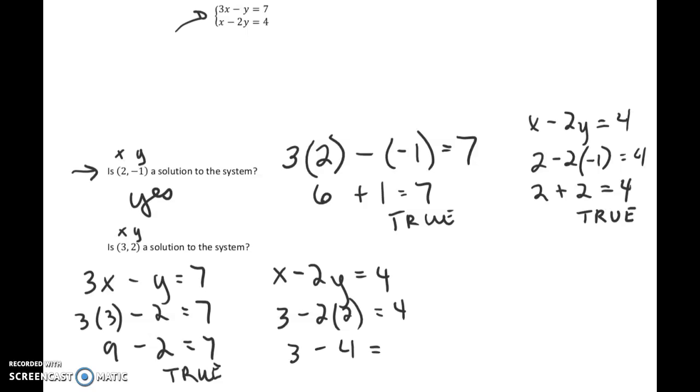Does that equal 4? No, that's false. So the point 3, 2, it worked for the first equation, but it doesn't work for the second equation. Therefore, it is not a solution to the system. Has to work for both of them. And it doesn't. It only works for the one equation.